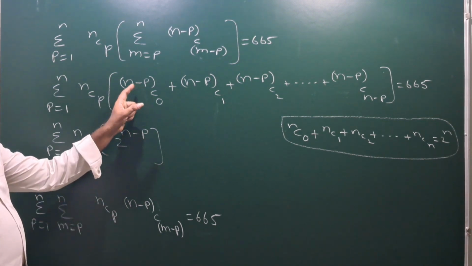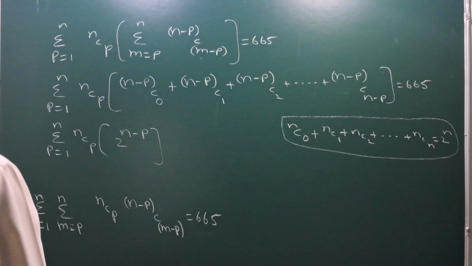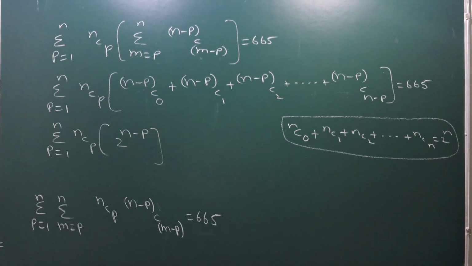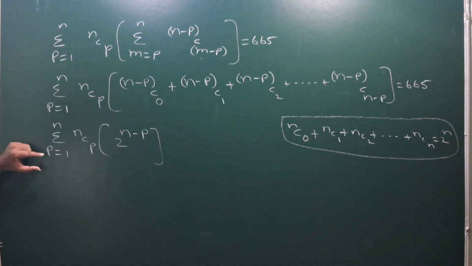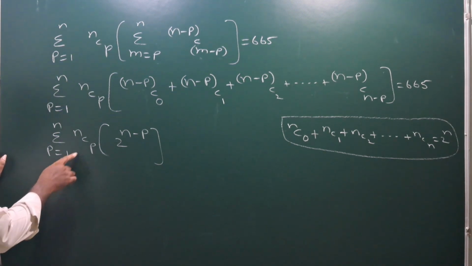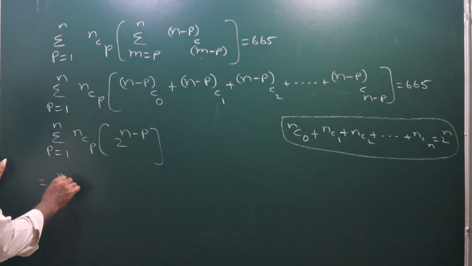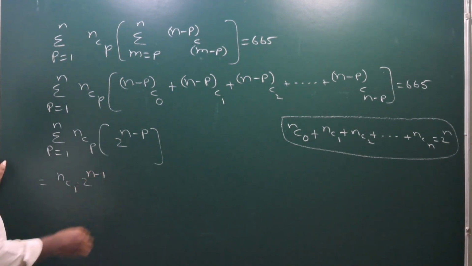Here n minus p is the prefix, here n is the prefix. Continuation. Once again we have to apply the values for p is equal to 1 to n. For p is equal to 1, it is NC1 into 2 power n minus 1.